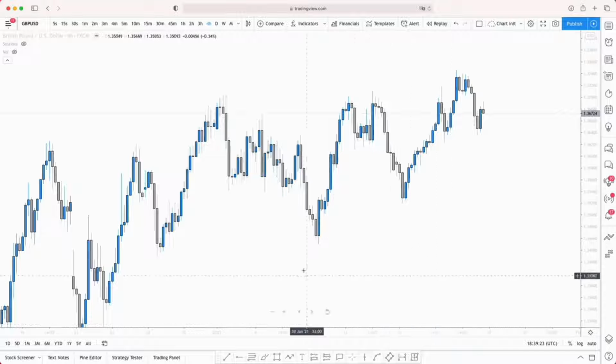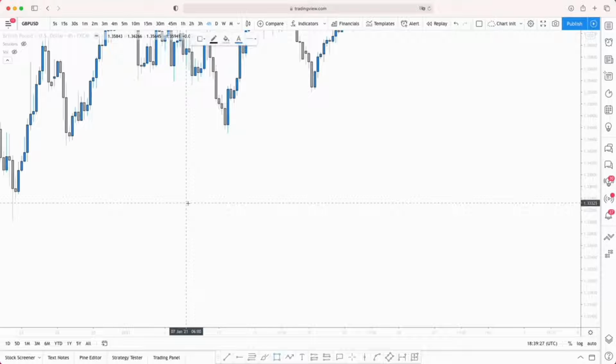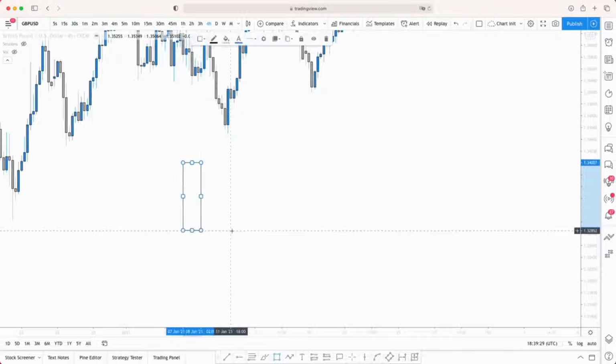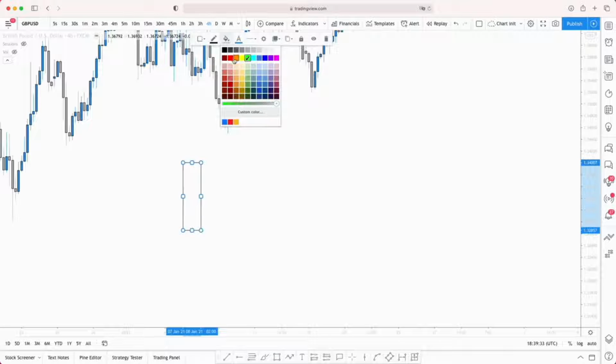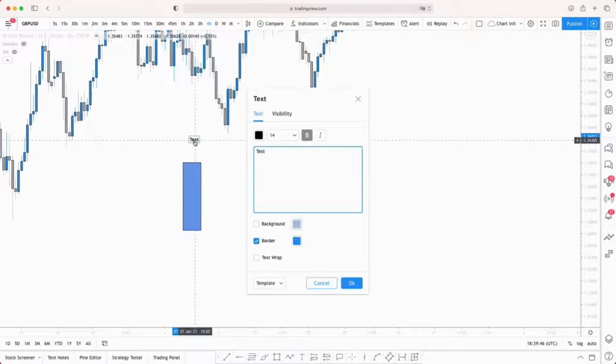Now, if you think about it from this perspective, when we find an order block, say that this is an order block, actually, let me use blue in this situation. That's better. So say that this is the 4-hour order block.